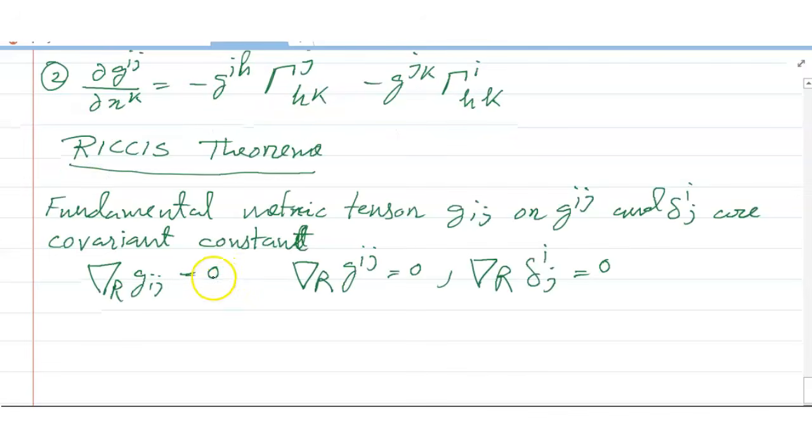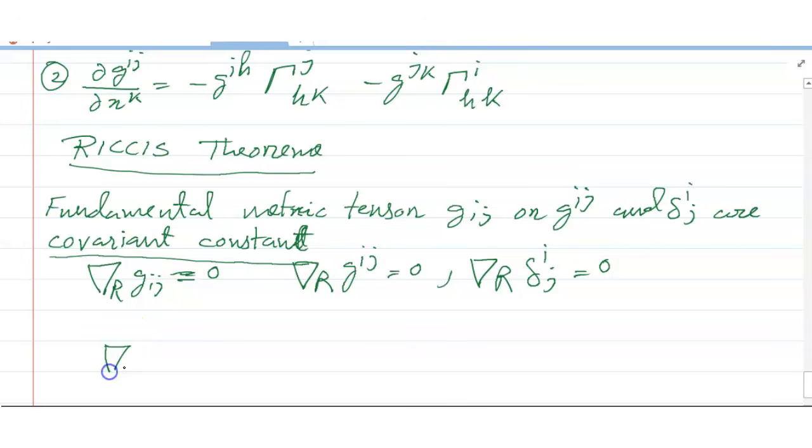So friends, Ricci's theorem says the fundamental metric tensors g_{ij}, g^{ij} and delta^i_j are covariant constant, such that del_r g_{ij} equals 0, del_r g^{ij} equals 0, and del_r delta^i_j equals 0. So friends, this is the covariant constant, which means it is 0.